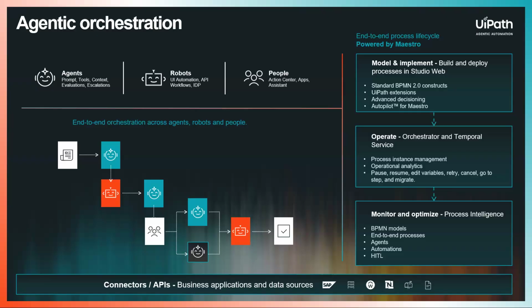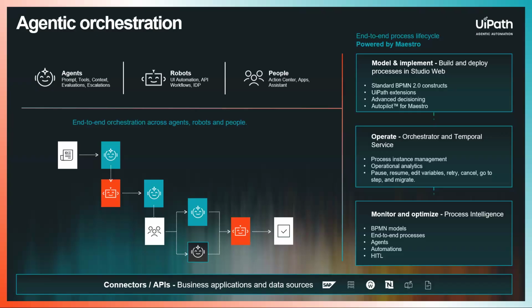Once you have modeled and implemented your agents, you can manage these instances in real time with analytics, retry, go-tos, as well as migration controls. And finally, you would also be able to continuously monitor and optimize your agents by analyzing the workflows, having human-in-the-loop performances to monitor it continuously and also optimize your agentic flows as and when required.